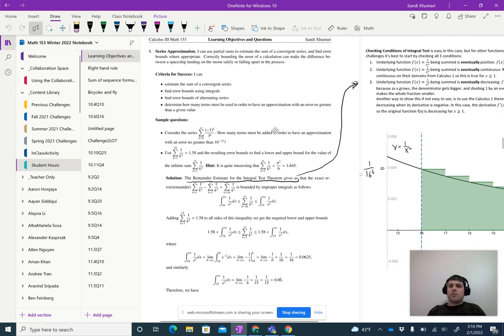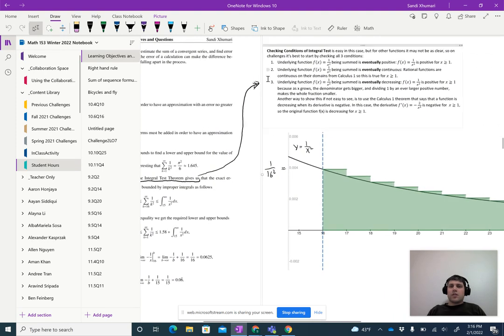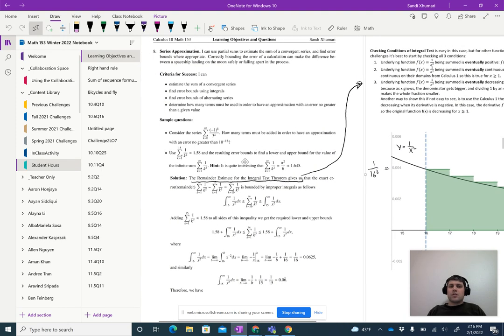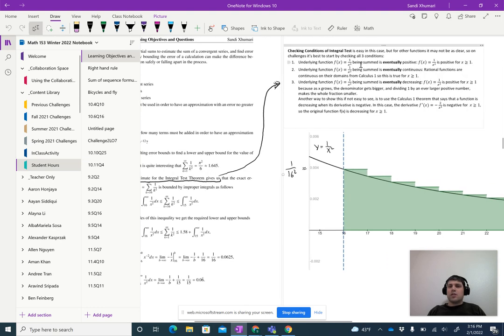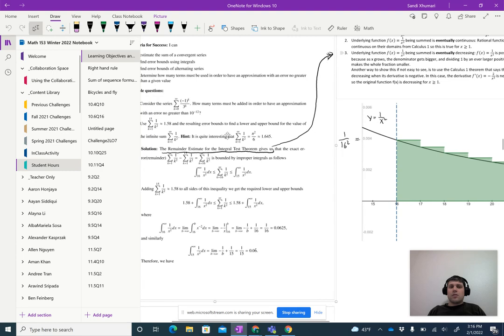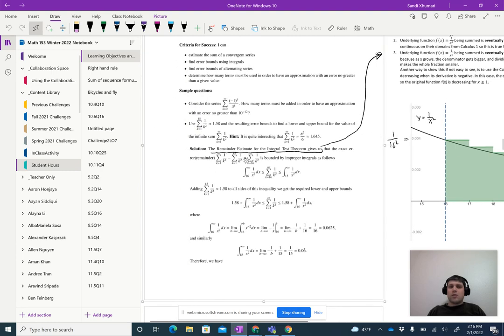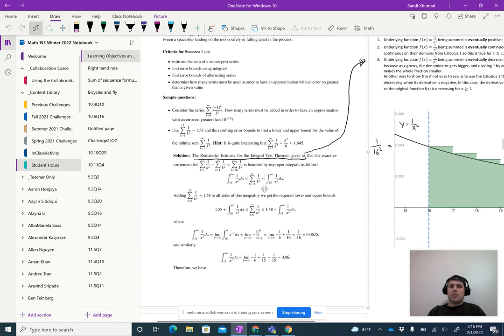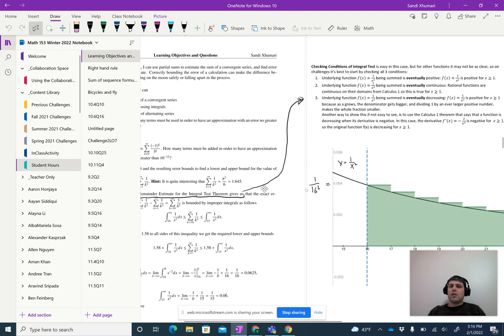The first thing that you want to do when you think it's going to be the integral test is check the conditions. I did that in this second bullet here where I have the solution written out, but I want to go over that in a video as well.